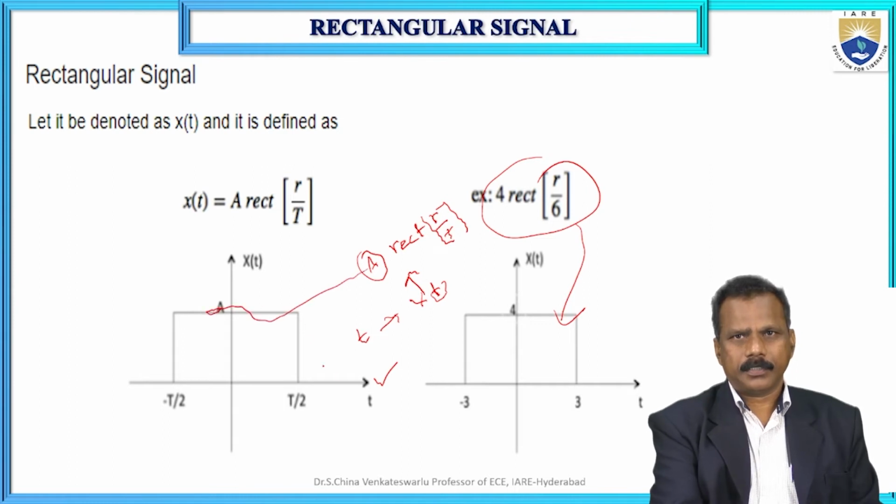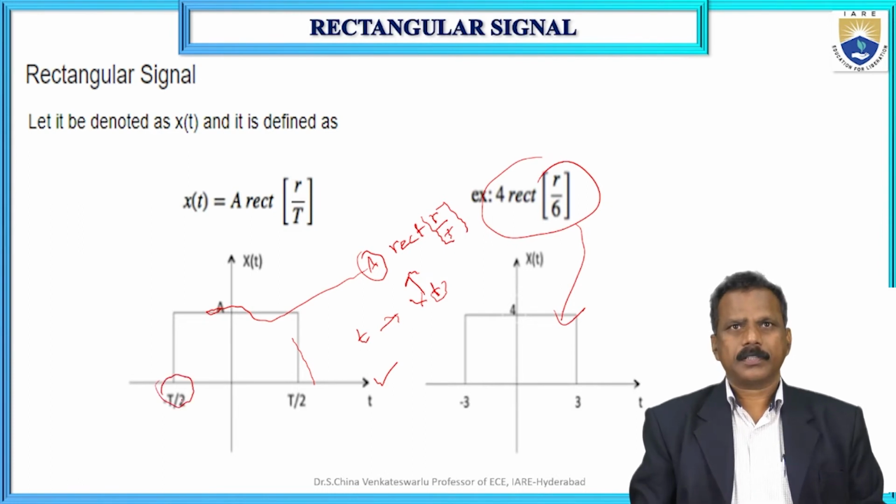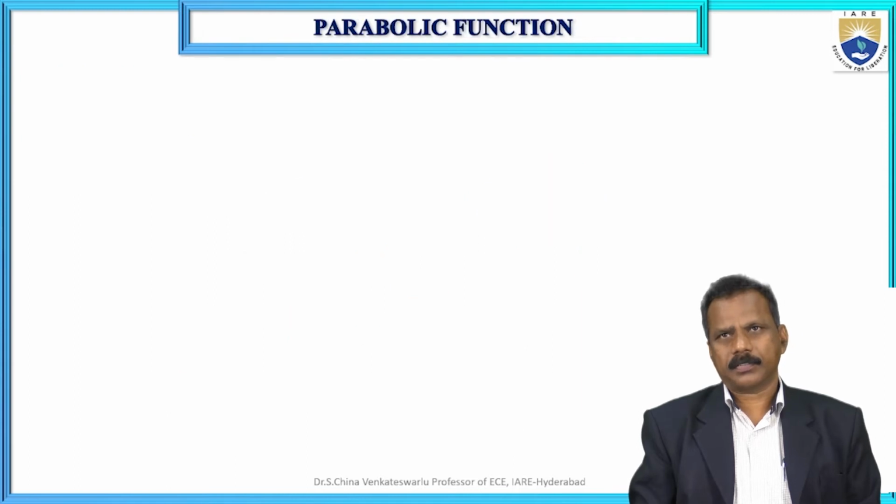Observe here t versus x of t. This area may be T by 2, and here it is minus T by 2. This is related to the rectangular signal, for identifying it with reference to the graphical and mathematical expressions.